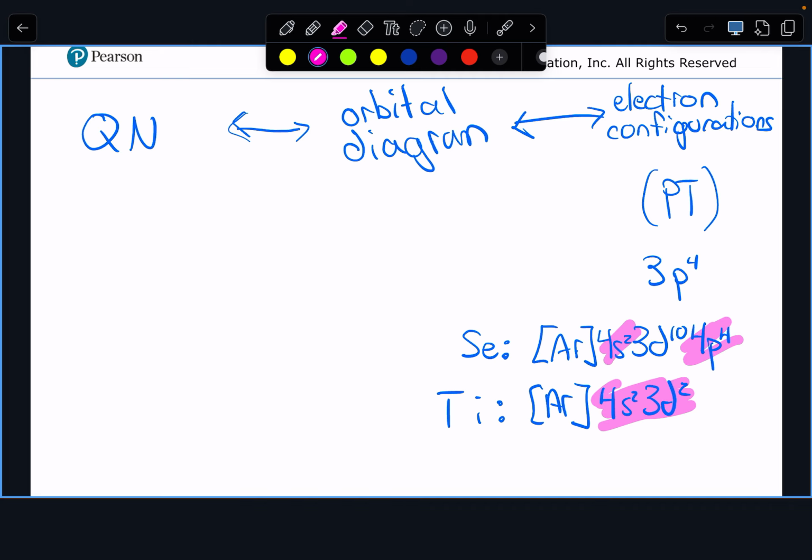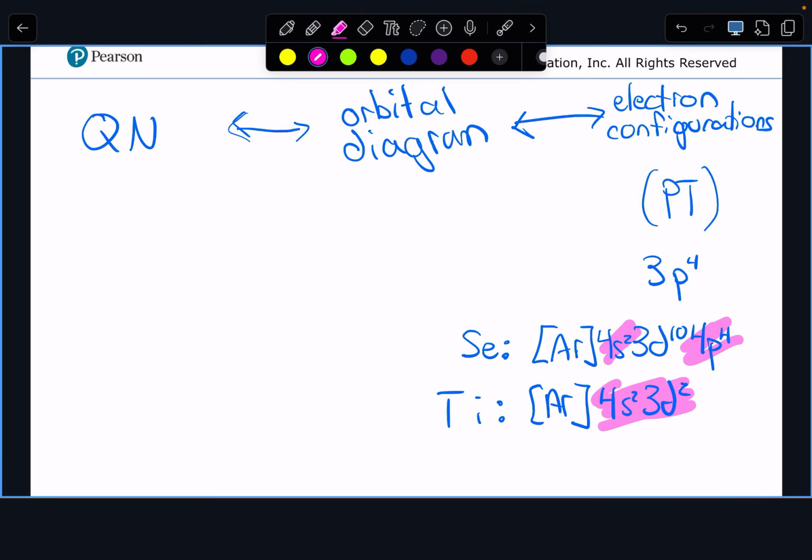You would include the s and the d because it's not a main group element. It still has unfilled d subshells. In selenium, that d subshell is completely filled, so we do not count it as part of the valence shell because it will not react. In titanium, those are the electrons that are reacting. We do consider them part of the valence electrons. So if you're talking about a transition metal, you include the s and the d. If you're talking about a main group element, you just talk about the s and the p.